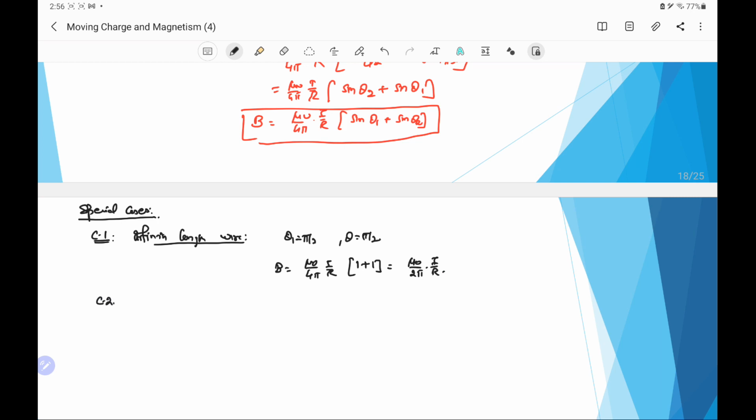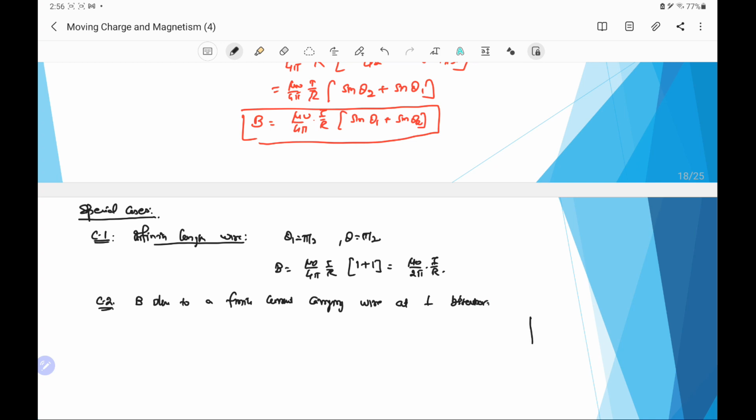Case 2, magnetic field due to a finite current carrying wire at the perpendicular bisector point.